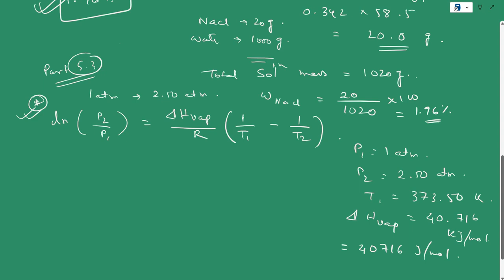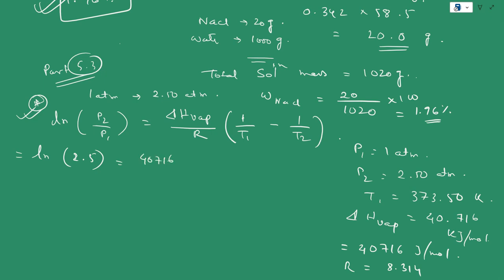And the gas constant R, this is 8.314. Now substitute. So we get natural log of 2.5 is 40716 by 8.314 into 1 by 373.50 minus 1 by T2. Now calculate. Natural log 2.5 is approximately 0.916.